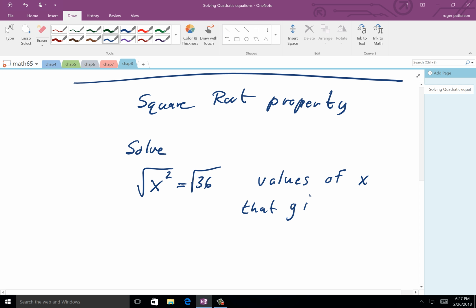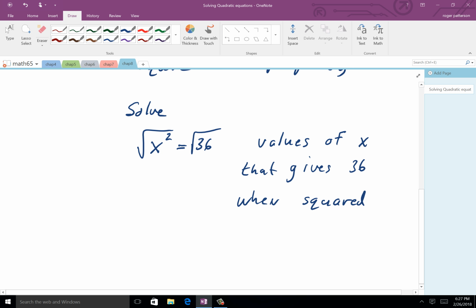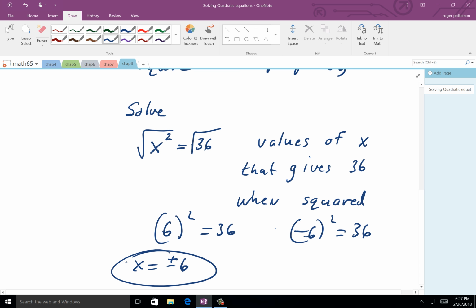Obviously 6 squared gives us 36, but so does -6, because it also gives us 36. So now we're going to say that x equals plus or minus 6 when we solve these using this property. We're going to get a plus or minus 6 there.